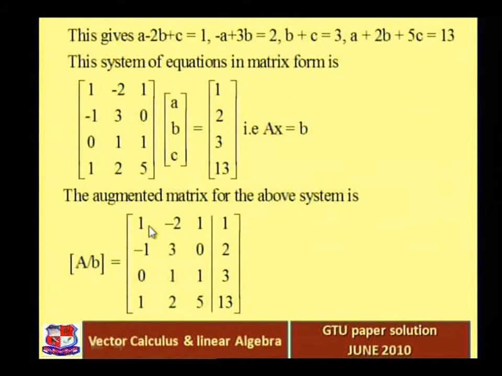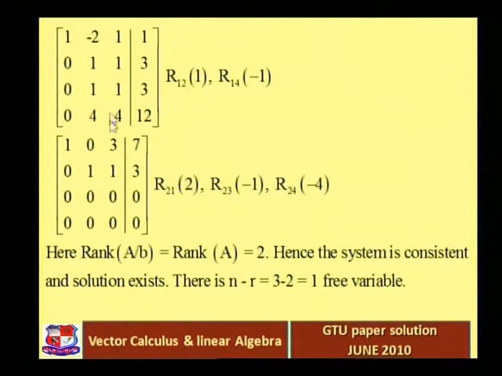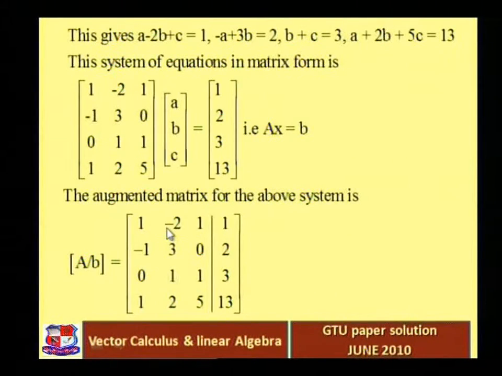So that's why we are multiplying the first row with 1 and adding into the second row. So the first row is 1 minus 2 1 1, then the second row becomes 0 1 1. Also we are multiplying the first row with minus 1 and adding into the fourth row.